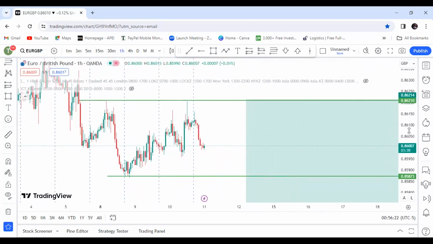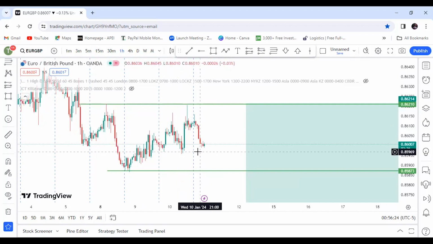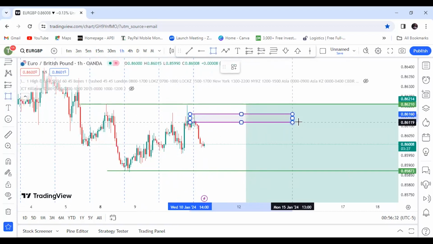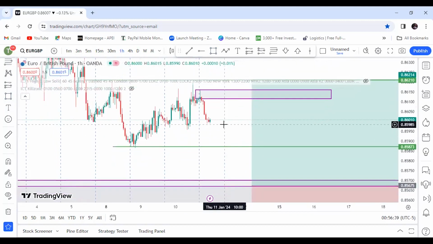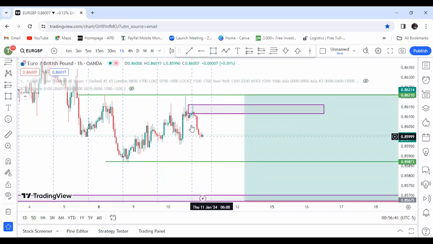So from this level, if the market maybe pushes slightly on the upside, then I would want to look for my entries around that particular region. I would want to look for my sell entries around that particular position, and maybe ride the price down all the way to this level. Remember, I said as traders, we think in terms of probabilities.